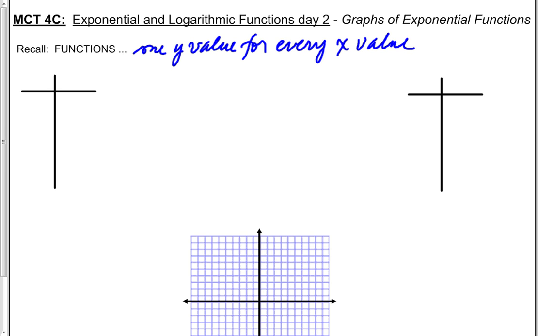Another way to say that is that every element in the domain is mapped to exactly one element in the range.